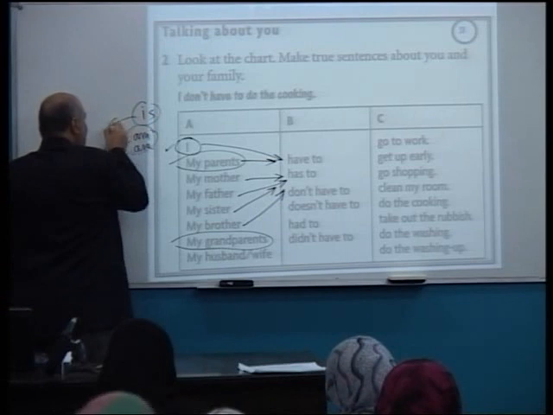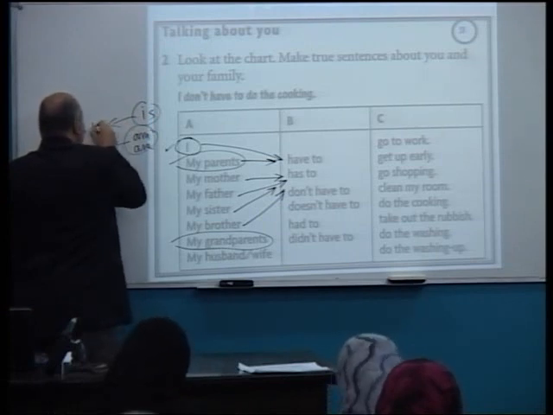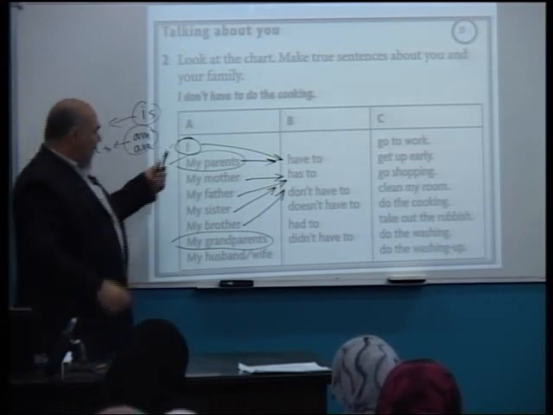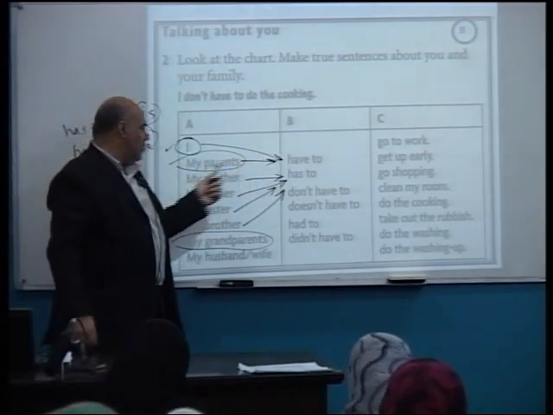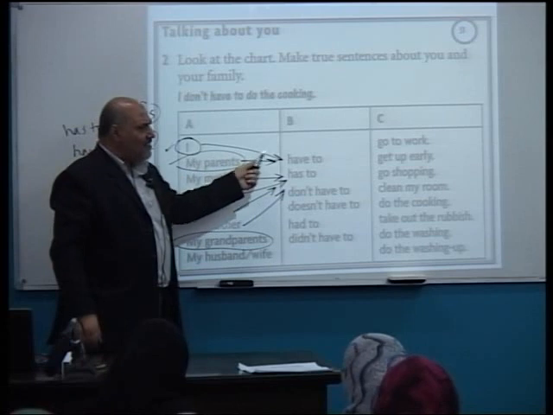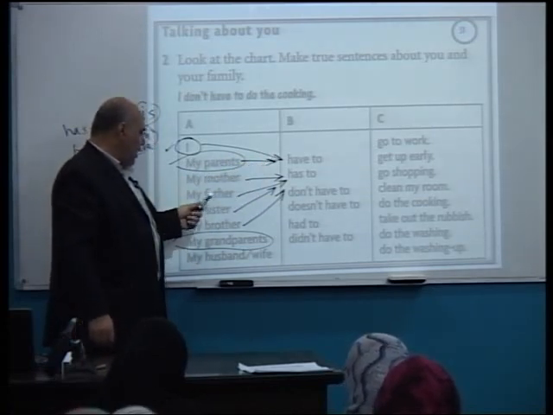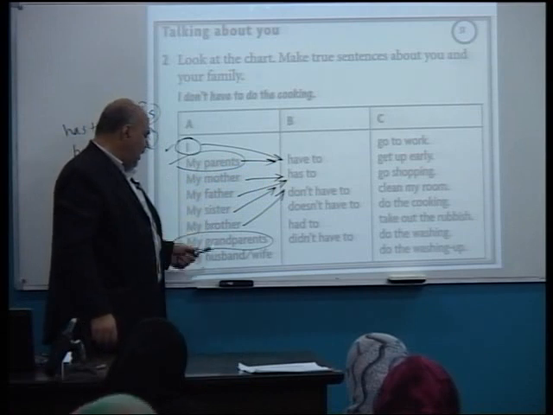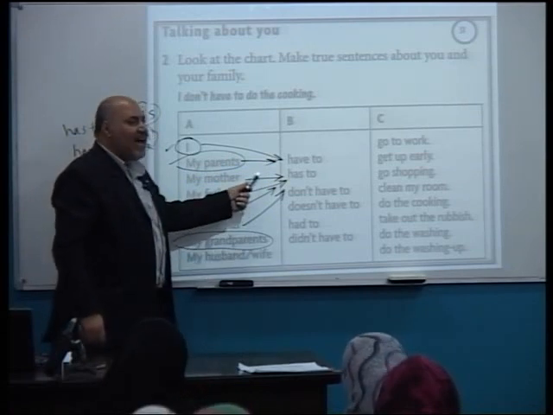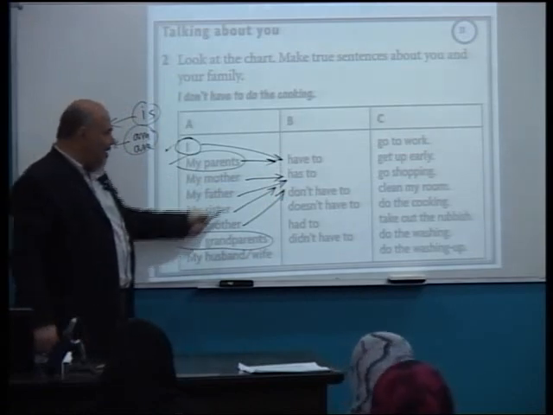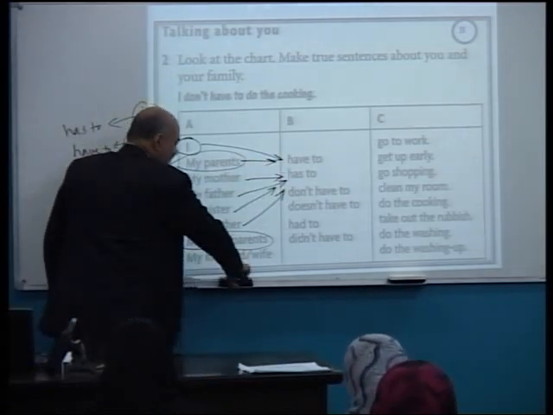But with this, has to. You understand? So here I have to, my parents have to, my mother has to. She, he, has to. But this one, they have to. Yes. Is it clear?